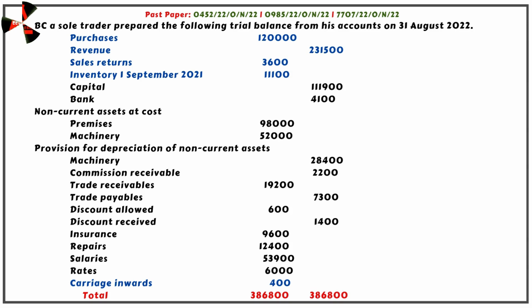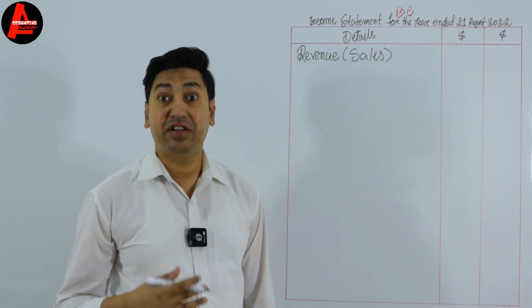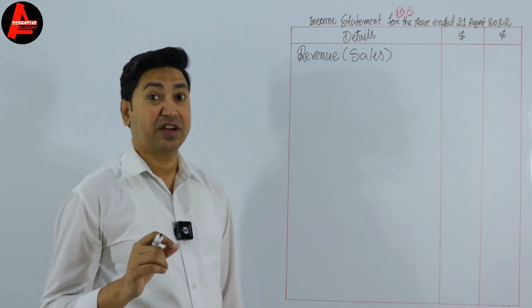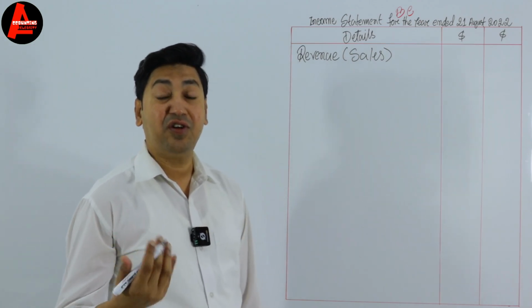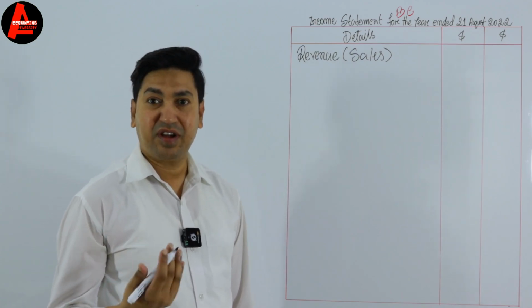It is $3,600. So first of all, we will write the revenue, then we will subtract sales returns. Sales returns are also called returns inward. So what is the mistake you often make? You forget, or you do not know, that you need to subtract sales returns from the revenue.